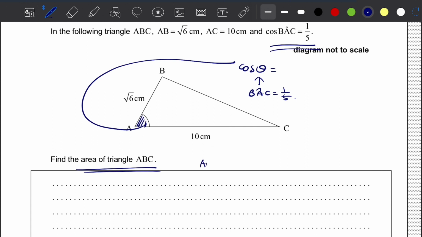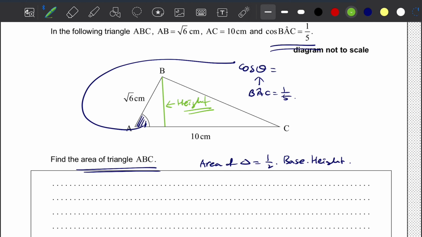To calculate the area of the triangle, we have to use the formula 1 over 2 times base times height. However, with this question, we are unsure of the height of this triangle, right? So this is the height. So we are first going to identify our height using the trigonometry rules.